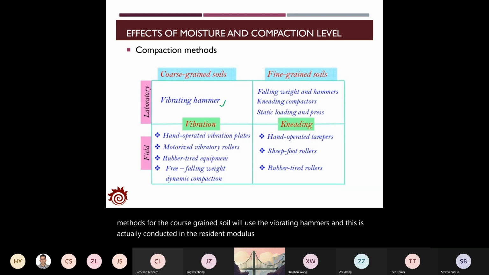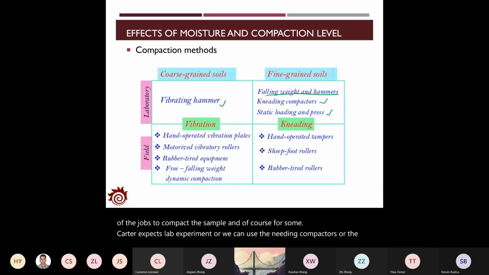And for the CBR test, we use the falling weight and hammers, where you need to apply a certain number of drops to compact the sample. And of course, for some other lab experiments, we can use kneading compactors or static loading and press, but these are less common.